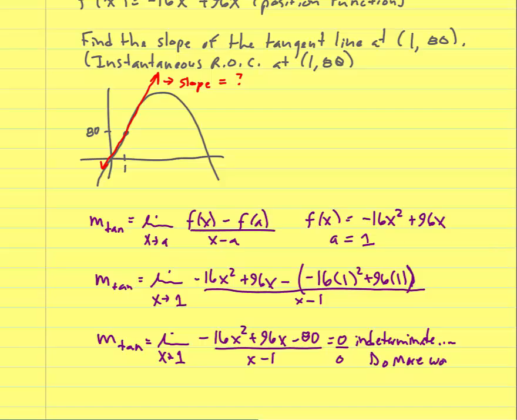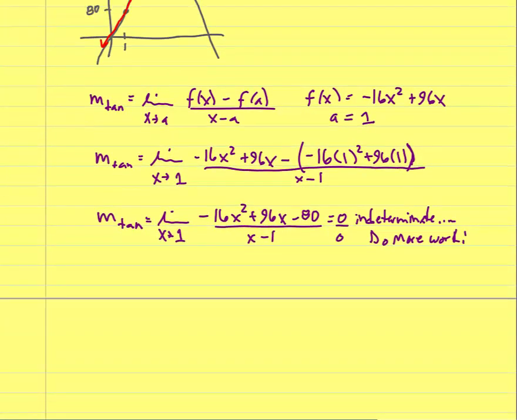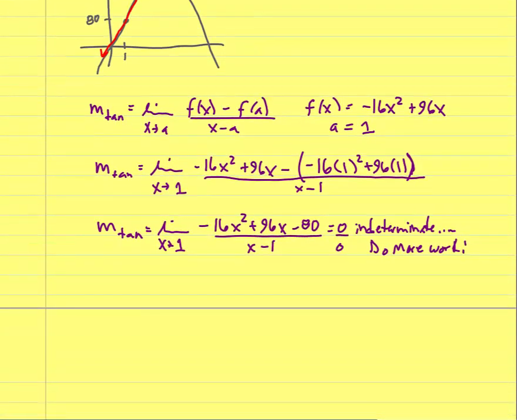So the more work that we're going to do, hopefully, is to factor this. Okay, so let's keep working on this one. Let me skip down to here. So the slope of that tangent line, and if I want to factor this, I think the best thing for me to do would be to pull out a negative 16. The reason I want to pull out a negative 16 is I like that leading coefficient to be positive if possible. So if I factor out a negative 16, I'm left with x squared.